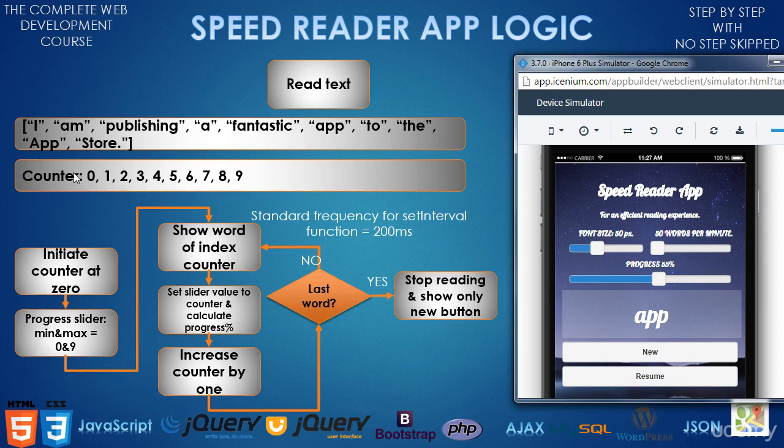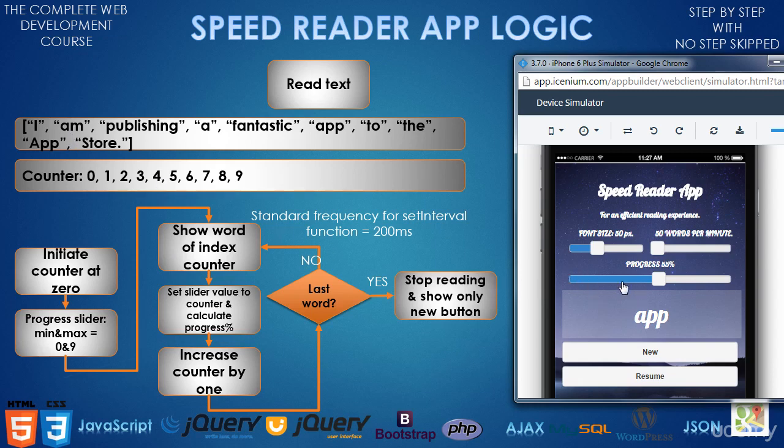Now, once we initiated our counter and set the min and max values of our progress slider, we are going to show the word of index counter. So at the beginning, the counter is set to 0, so we're showing the word of index 0, which is the first word. And then we are going to set the slider value to the value of the counter.